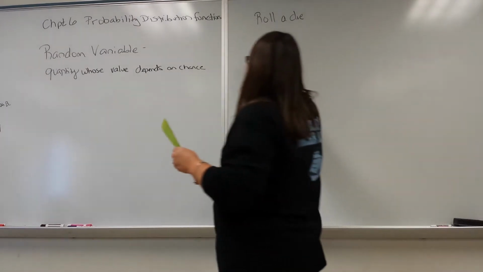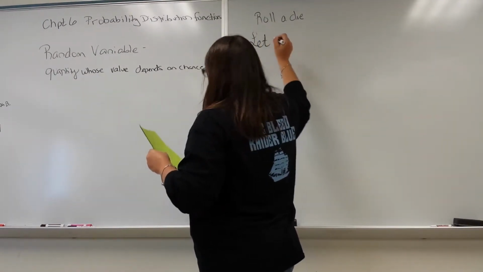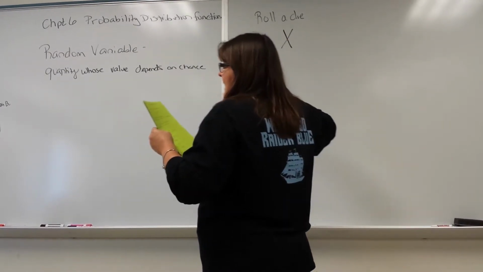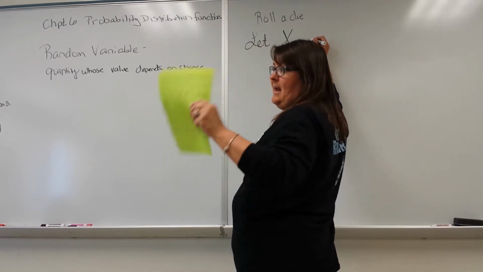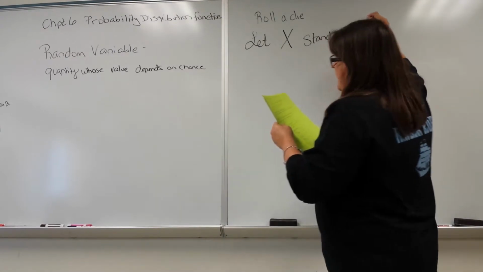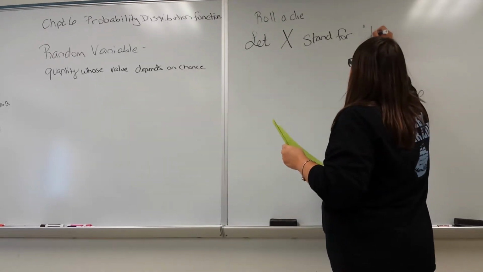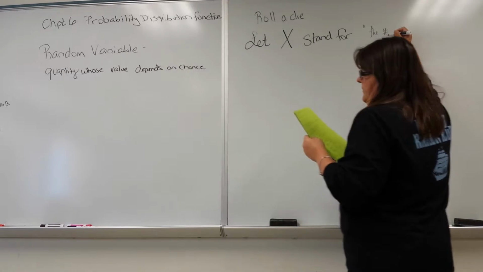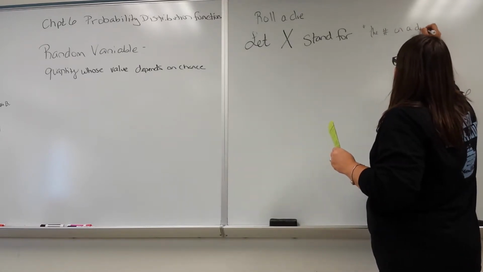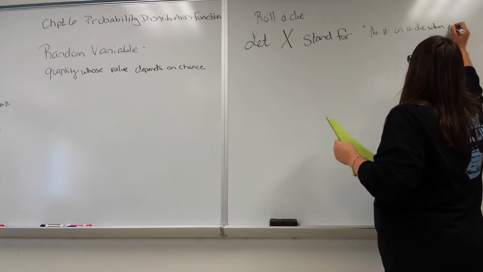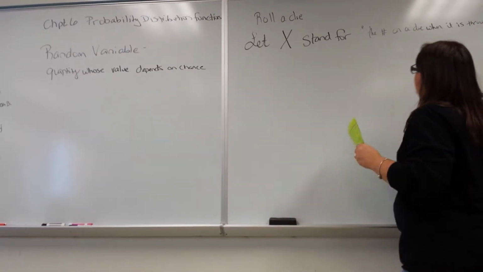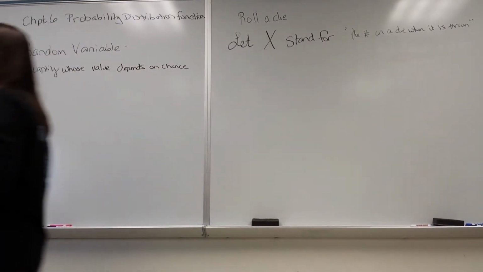So the first one that we're going to do, we're going to let, the fancy let, X, big X, stand for, in quotes, the number on a die when it is thrown.